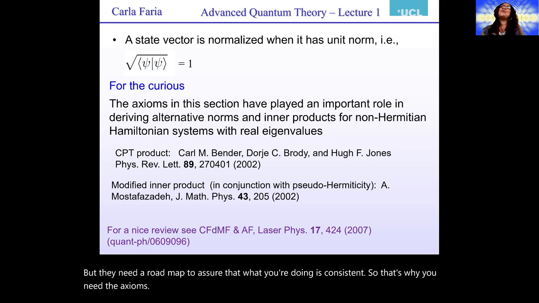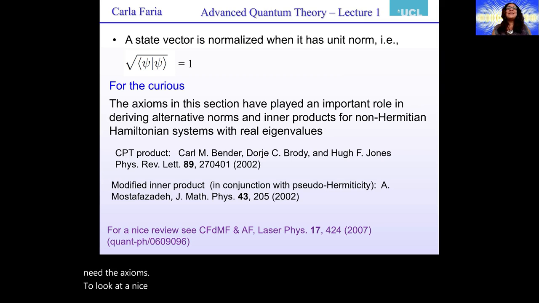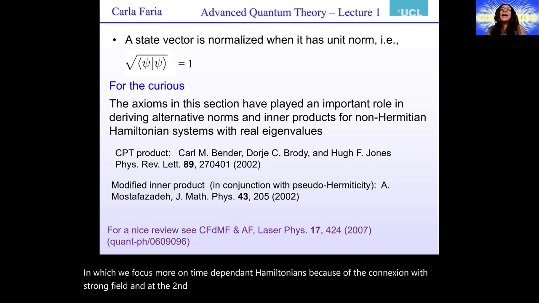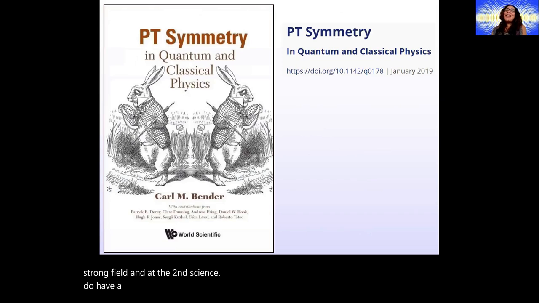And if you want to look at a nice review, there's this paper by Andrea Spring and myself, in which we focus more on time-dependent Hamiltonians because of the connection with strong field and attosecond science. But do have a look. And there's even a book which has just been published last year.